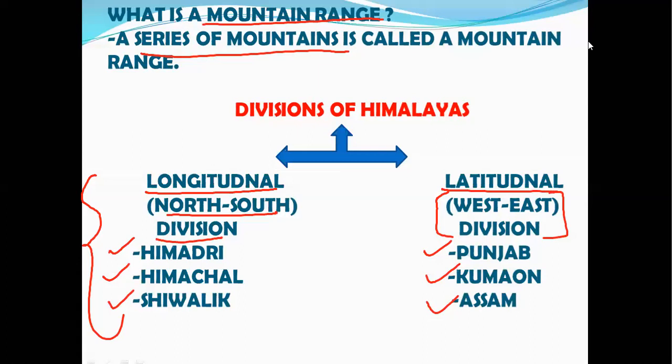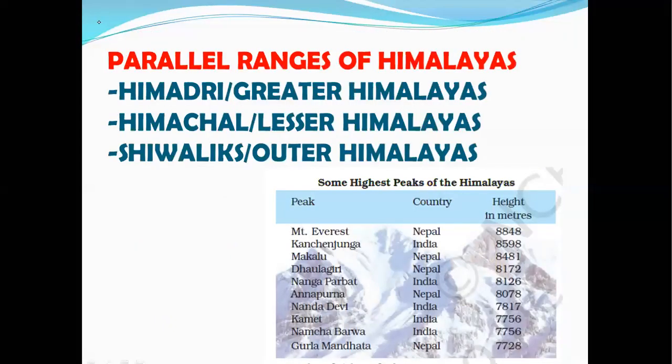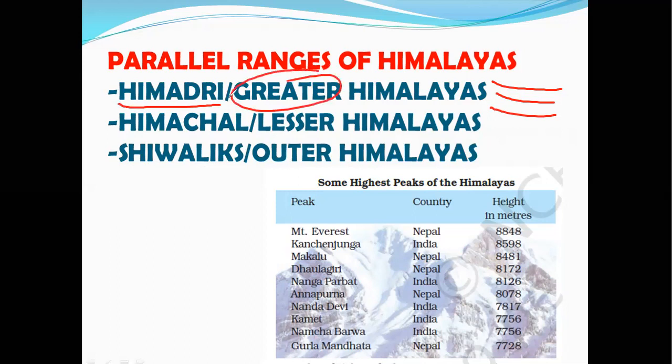So Himadri, Himachal and Shivaliks are the parallel ranges of the Himalayas, as in they run parallel to each other. The first range is Himadri or Greater Himalayas. Second is Himachal or Lesser Himalayas. Third is Shivaliks or Outer Himalayas.